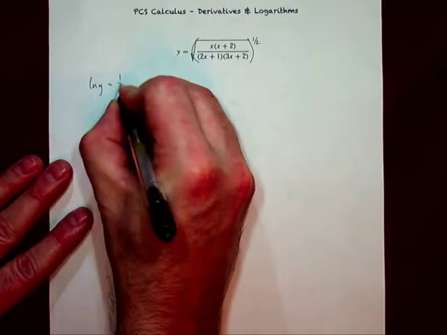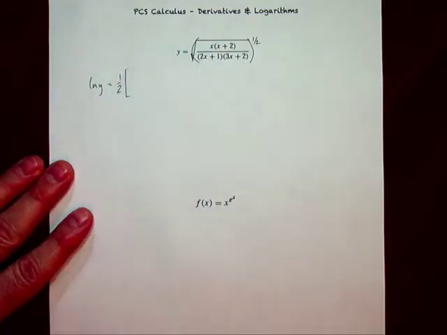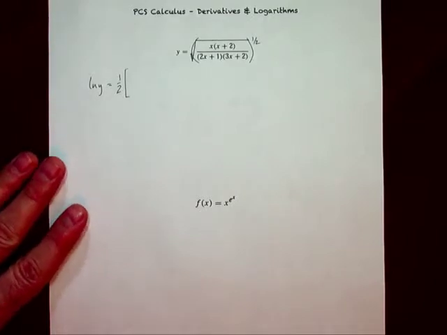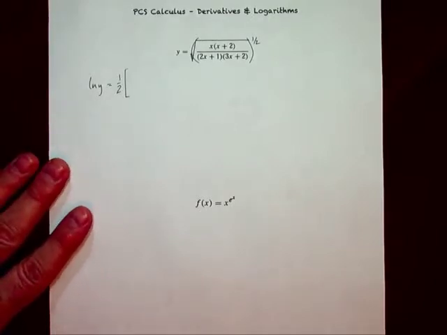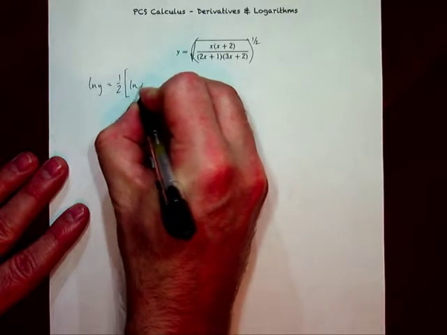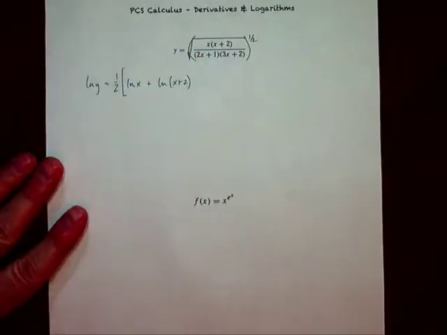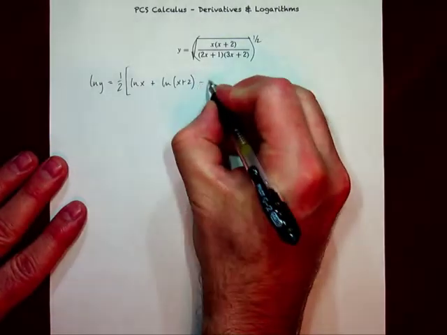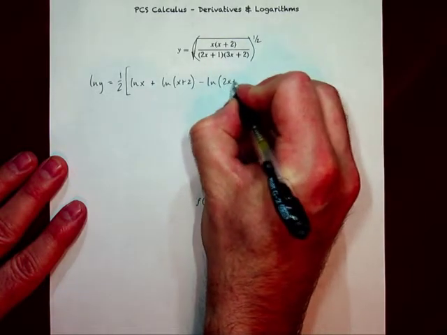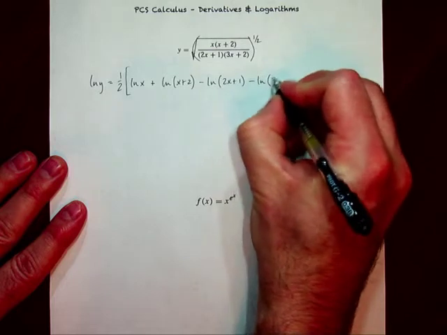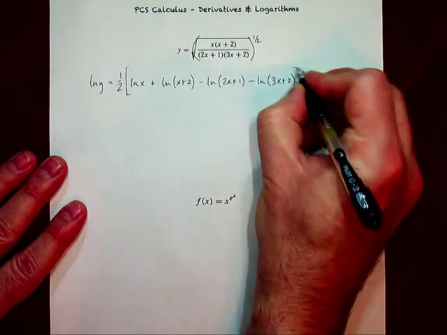So we have 1/2, and let's just put a big bracket down here. Now, remember, every single factor of the numerator gives us a positive logarithm: natural log x plus natural log x plus 2. And every single factor of the denominator gives me a negative logarithm: minus natural log 2x plus 1 minus natural log 3x plus 2.